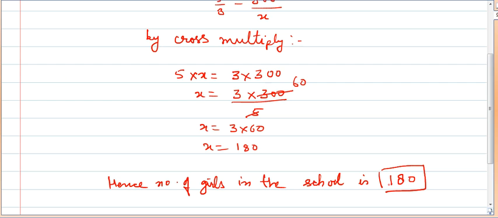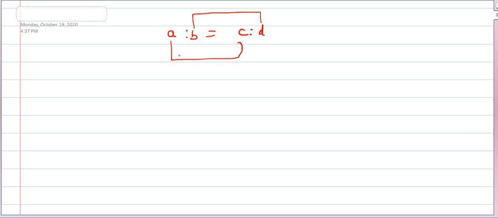Comparing the ratios means if we know that two ratios are equal, they are called equal ratios. So I want to revise few concepts used in this exercise. Listen, if it is given that A ratio B equals C ratio D, so it is not necessary that A is equal to C always. Sometimes may be equal or sometimes may not be equal, but the ratio is equal.